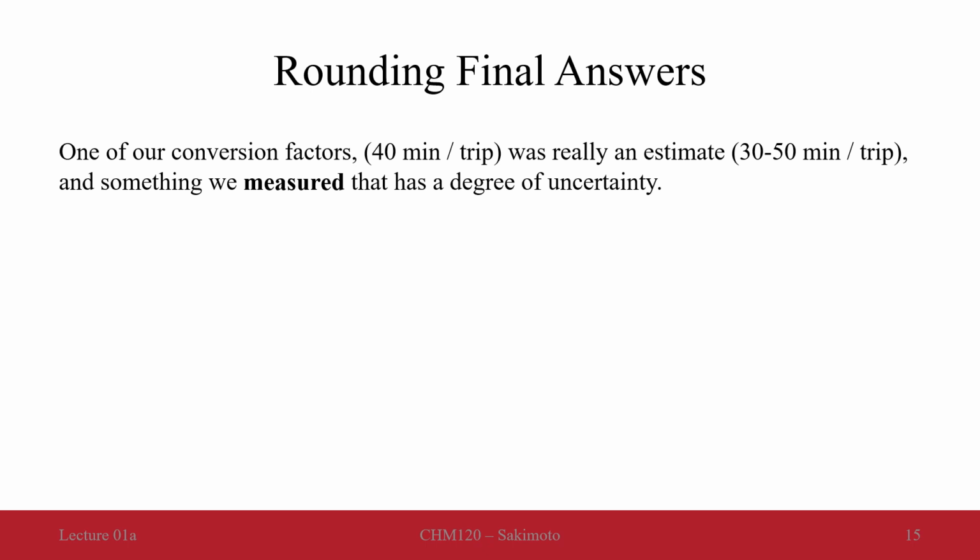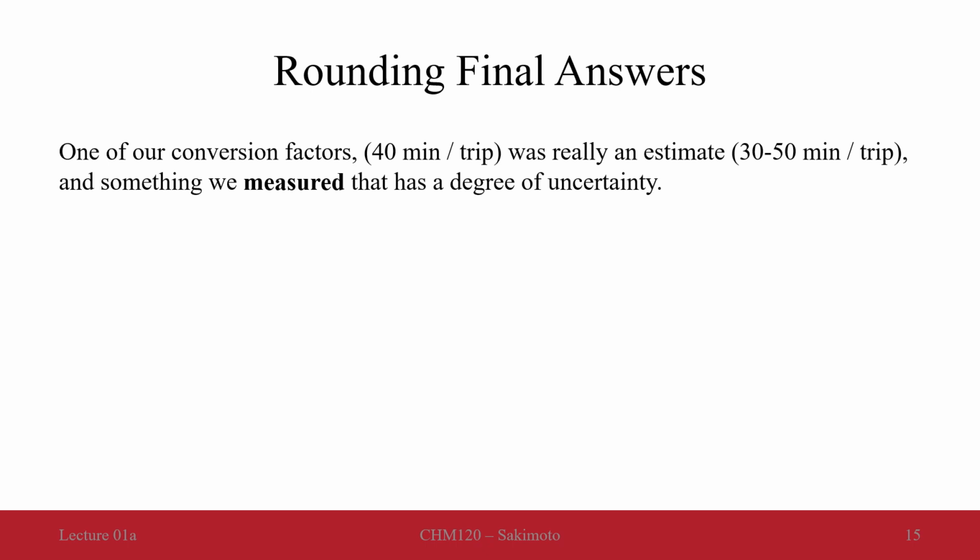Now, there may be the question of how did I know to round my 21.333 repeating hours to just 20 hours? Well, it's helpful to consider that one of my conversion factors, which is the length of a trip, was really an average that I took, 40 minutes per trip.